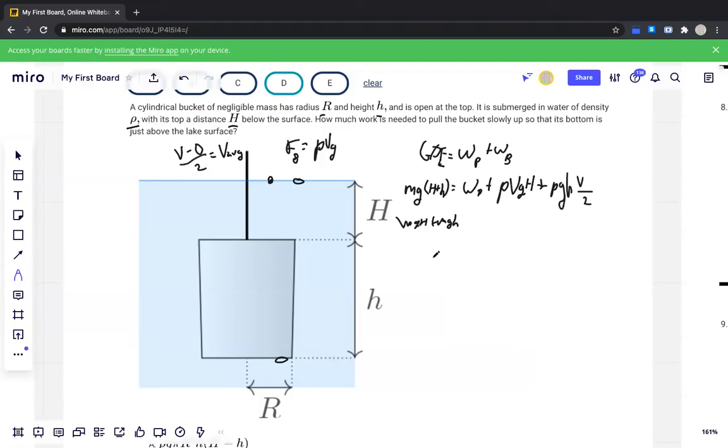And quickly, we know that m is going to be equal to rho V, density times the volume. So if we replace the mass with rho V, we get rho VgH plus rho Vgh.